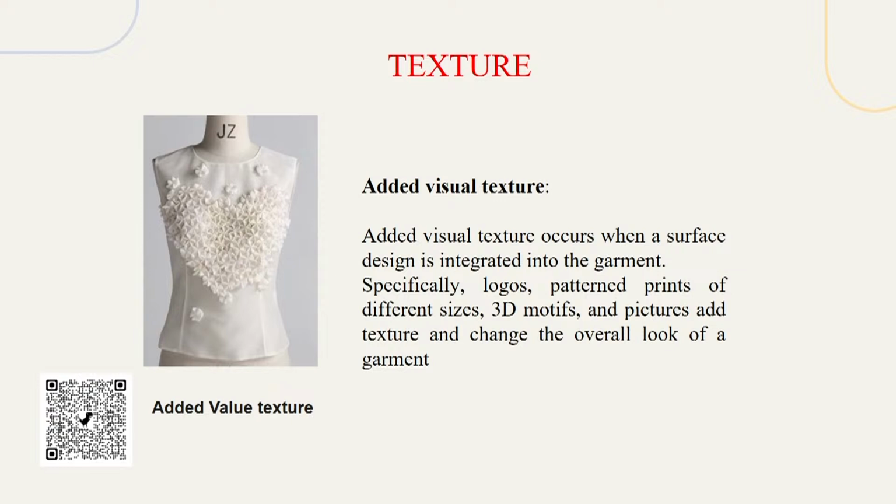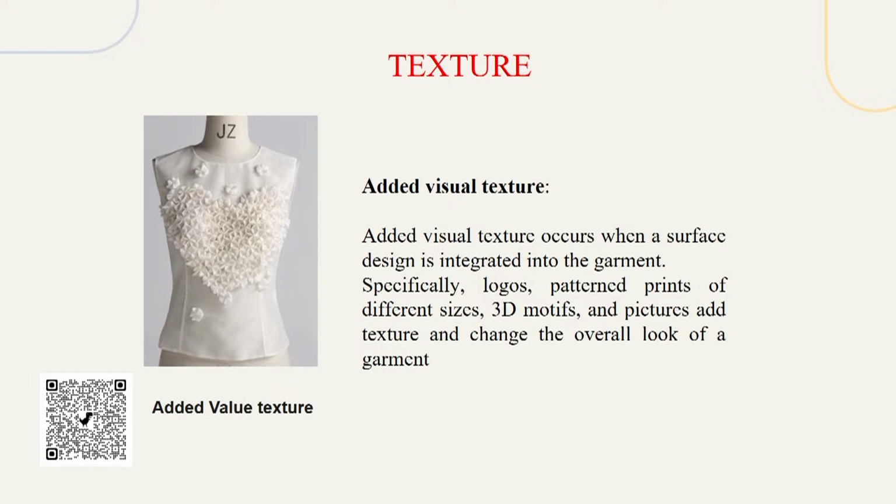And contrary to this, we will now look at the second category of texture, which is added visual texture. Added visual texture is when a surface design is integrated into the garment. In the image you will be able to see how 3D flowers are creating an added visual effect.